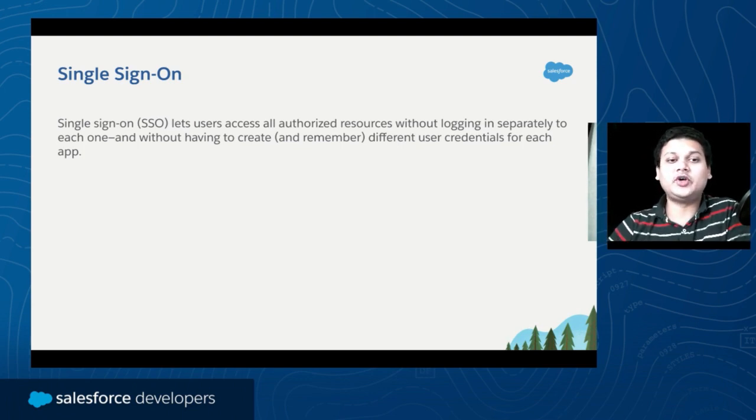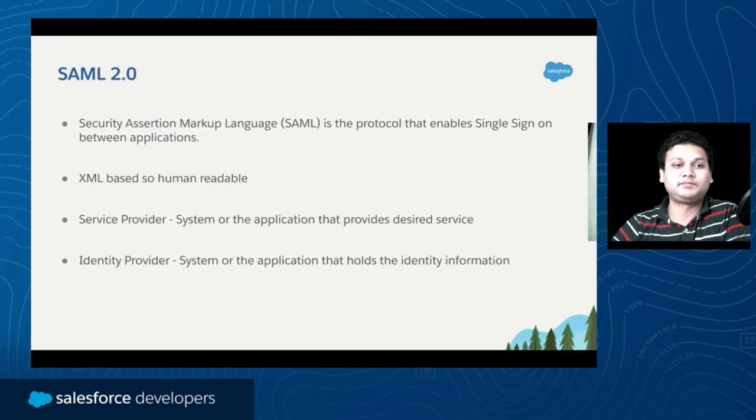So with SSO, you have only one username and password, provided in your IDP, that is the identity provider, and you use the same credentials to access different systems without having to create different accounts in all of these systems, or key in those passwords and usernames across all of them. So we will see what single sign-on is, and we'll explore some use cases here.